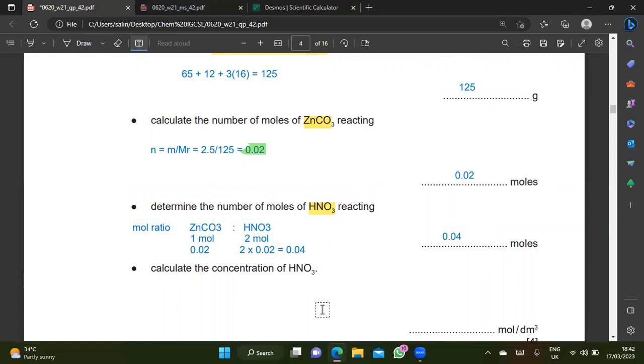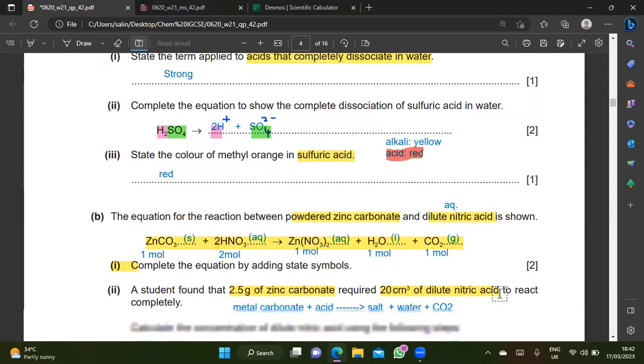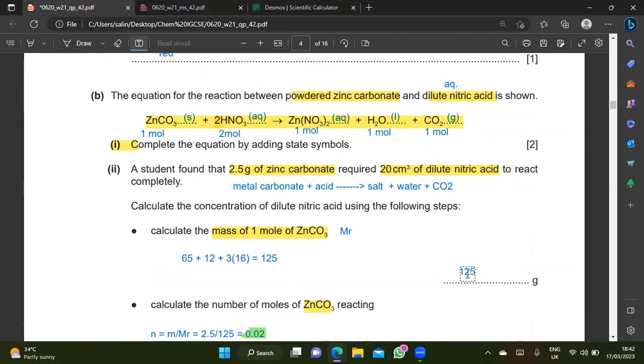Almost done. Now we want to find the concentration of your nitric acid. Okay, so you want to find the concentration. You got the number of mole, all right? And now you want to find the concentration in mole per dm cube. Let's have a look here. What is actually given for your nitric acid?